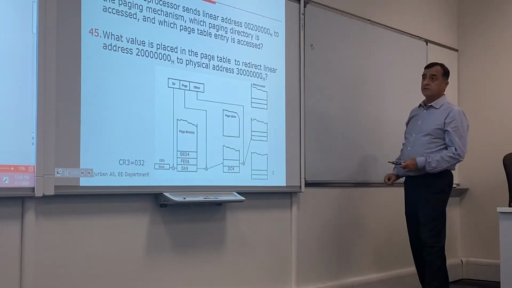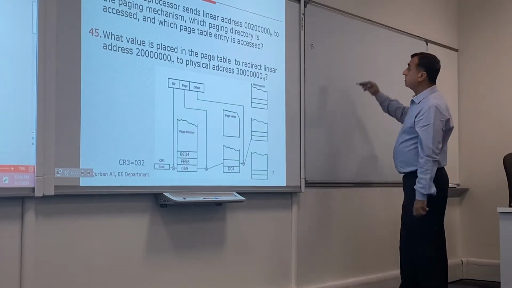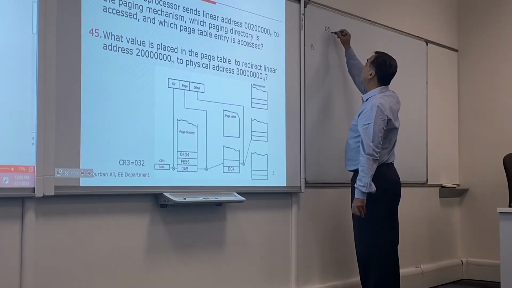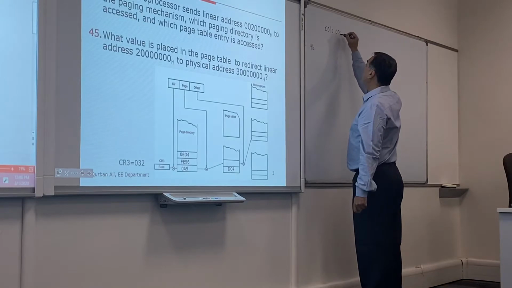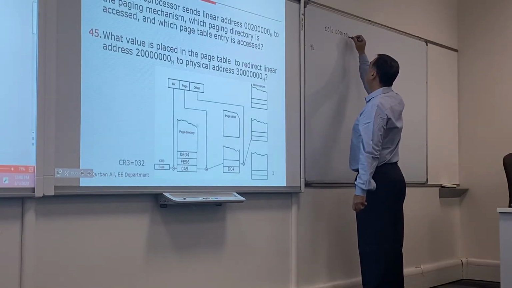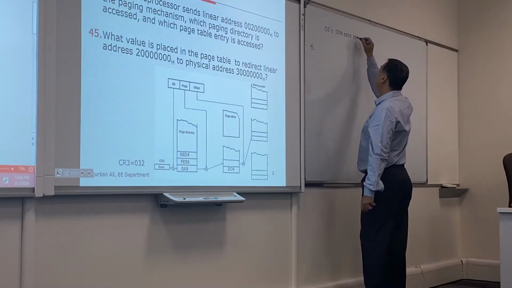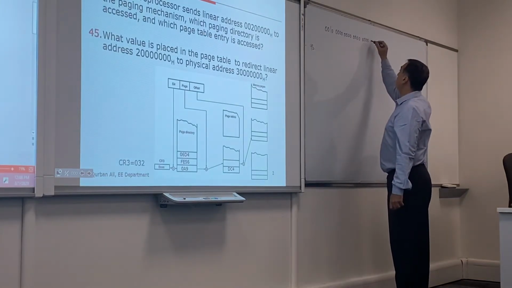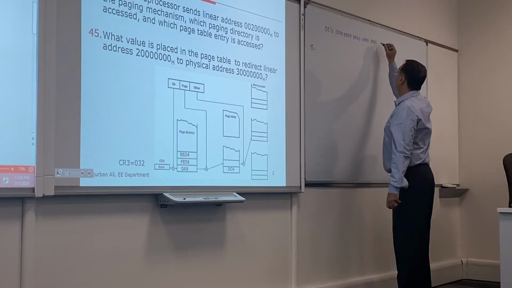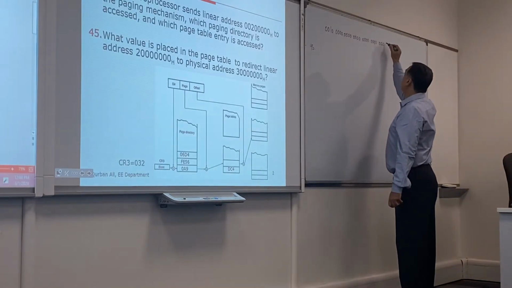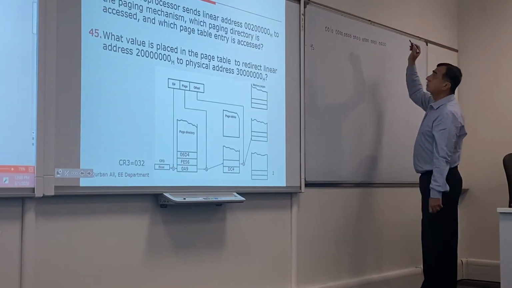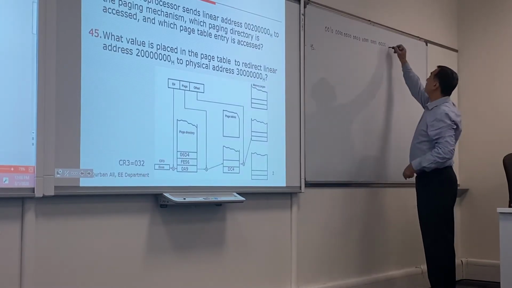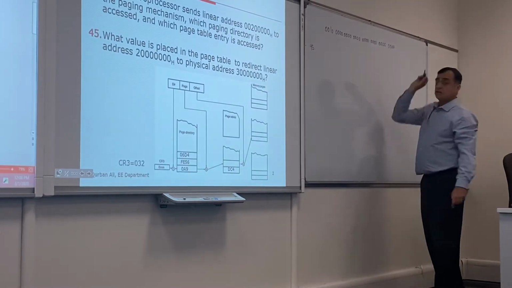The address is 2 and 7 zeros, right? 1, 2, 3, 4, 5, 6, 1, 2, 3, 4, 5, 6, 7, and this one is 8.